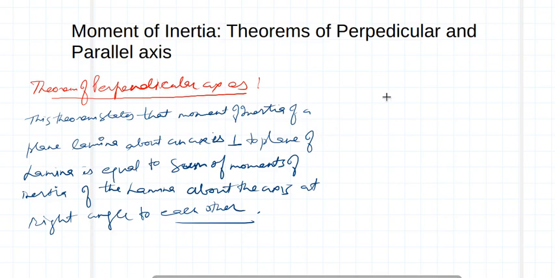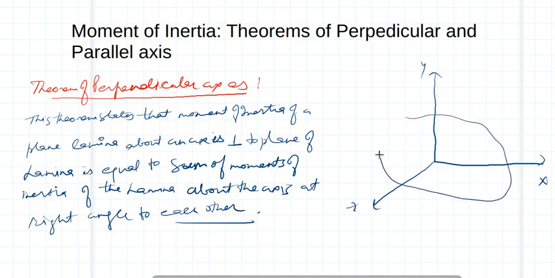So how? Let us have a look at it. Say there are different axes: this x-axis, its y-axis, and its z-axis. And say this is the plane lamina, and it is placed in the xy plane.